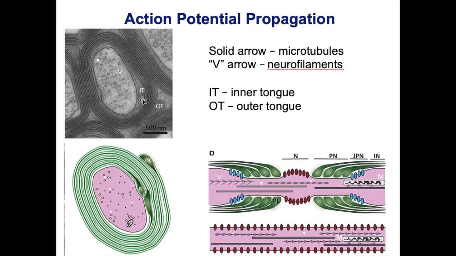There's something called an inner tongue and an outer tongue, because these are the processes that wrap. Remember, they have ends. So you have one end that starts in and goes around, around, around, and the cell ends up having another end with the nucleus typically embedded in here somewhere. In this image here, you can see the node depicted as N. In red, these are the sodium channels, and the potassium channels are localized a little bit farther back.